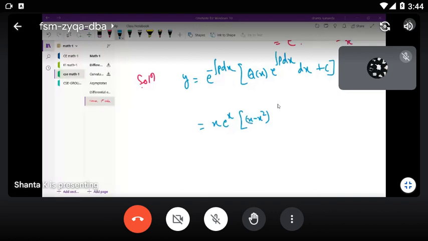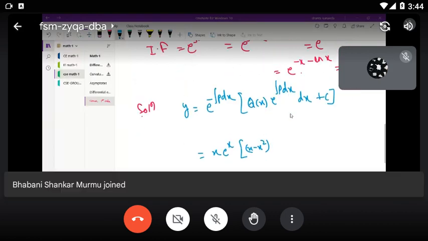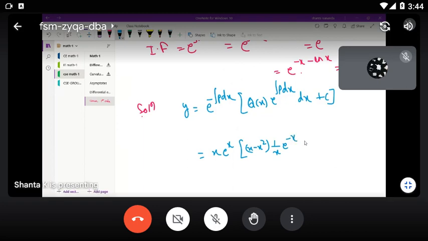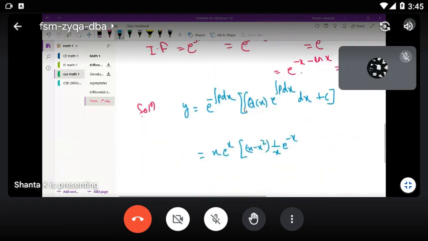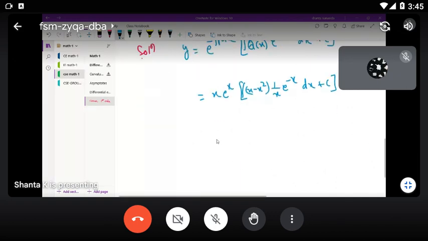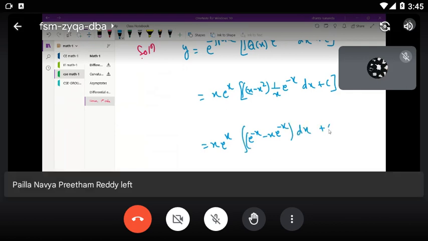And here the integrating factor is 1 by x, e power minus x, times the integral of q of x dx, plus the constant. So here x e power x, and x gets cancelled, we have e power minus x, integral of e power minus x dx plus c.